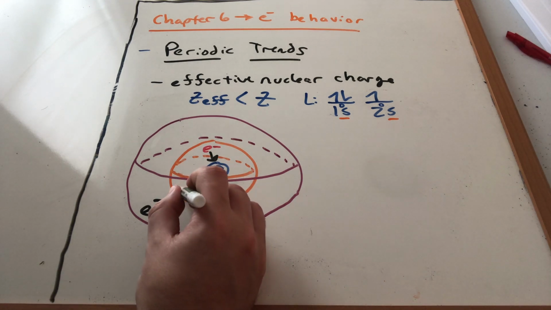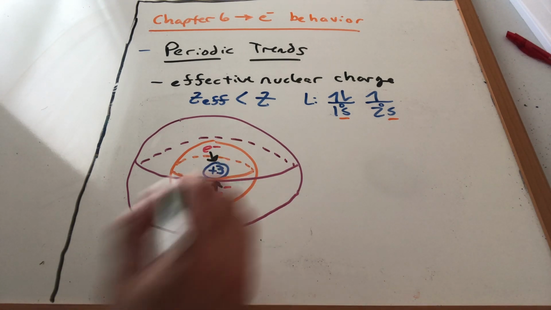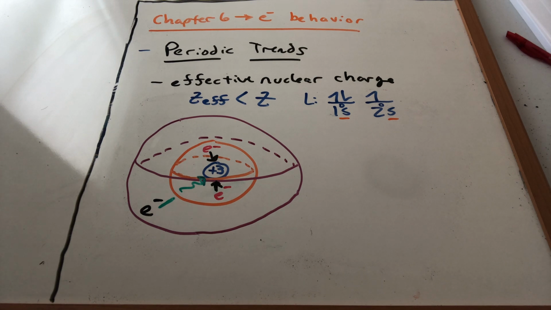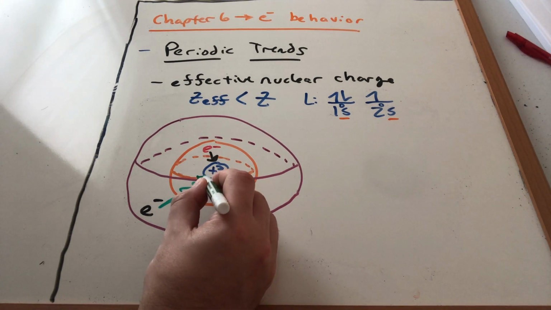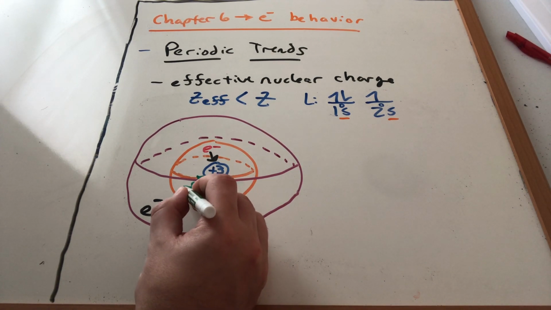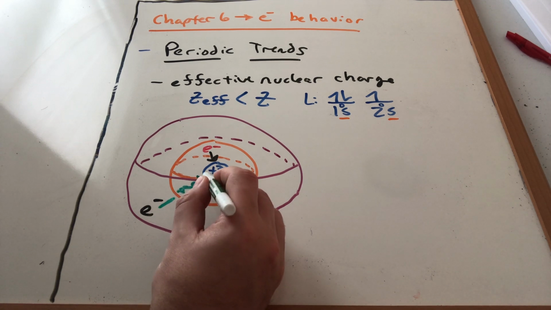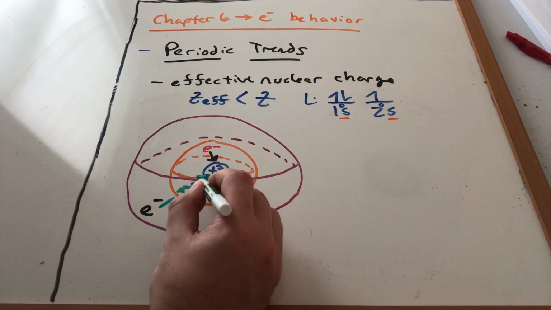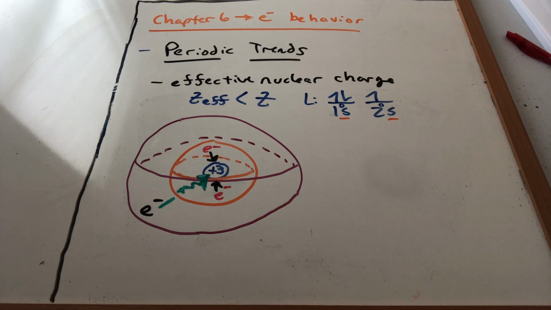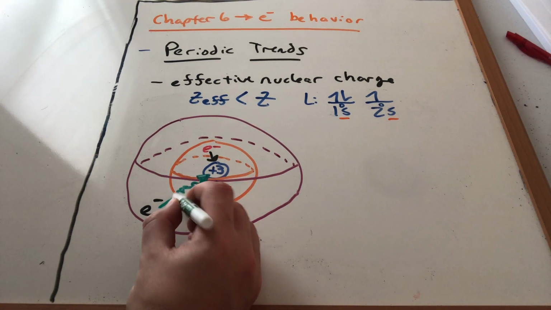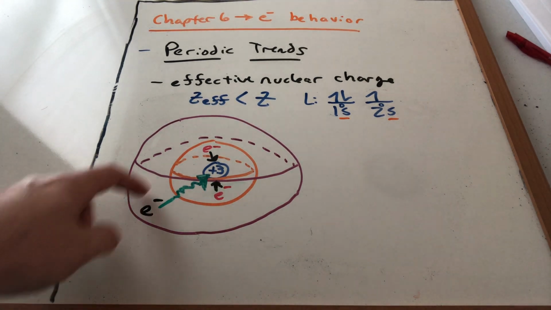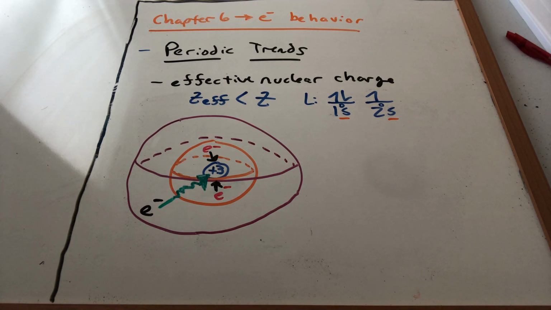It sees some negative. So I'm just going to draw this as a squiggle, because it's not feeling the full +3. These inner electrons have screened this outer electron, and we call that screening shielding. They're shielding this outer electron from the full +3 charge.